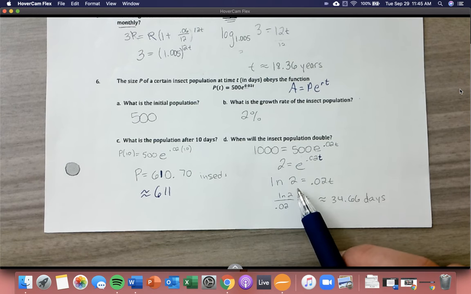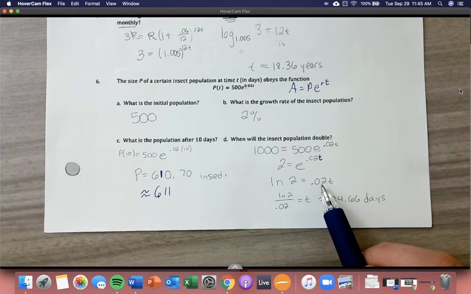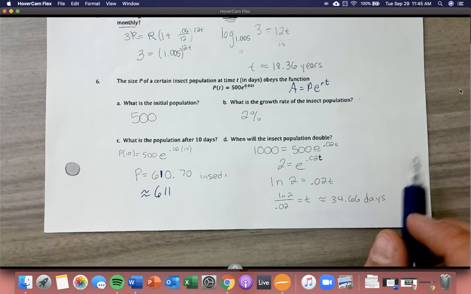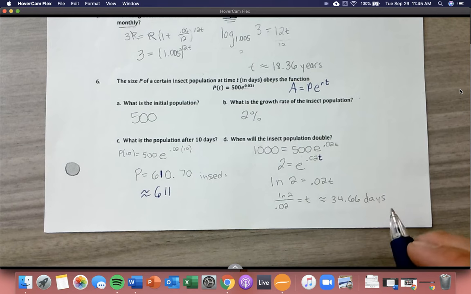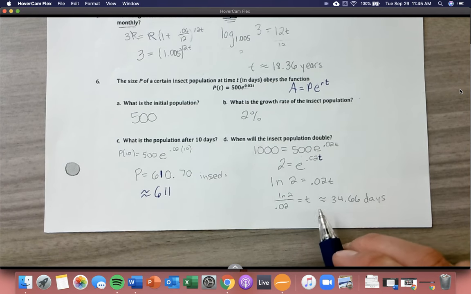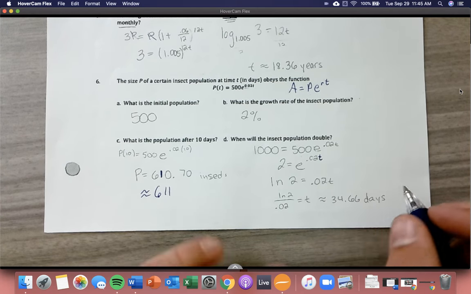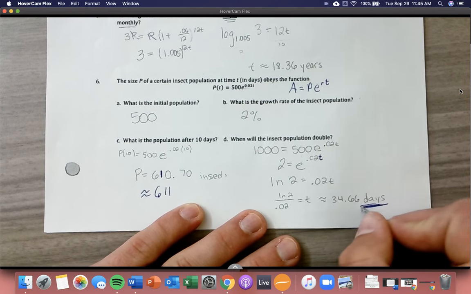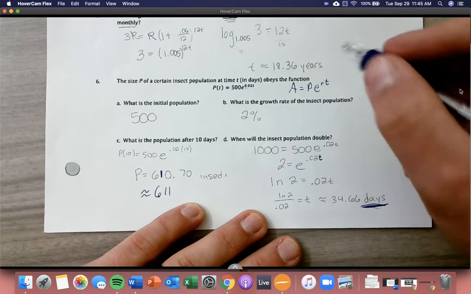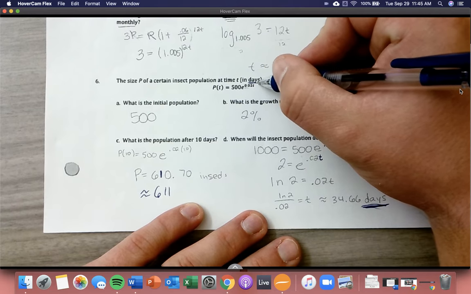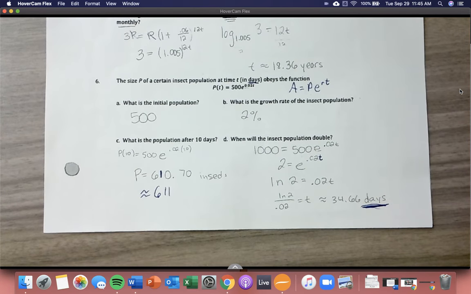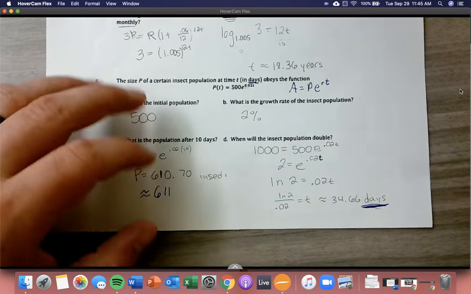The natural log of 2 is equal to our exponent, 0.02t. We can divide that 0.02 over, and we end up getting roughly 34.66 days. Remember, the unit is days because the question gives us that it's days. All right, so let's keep going.